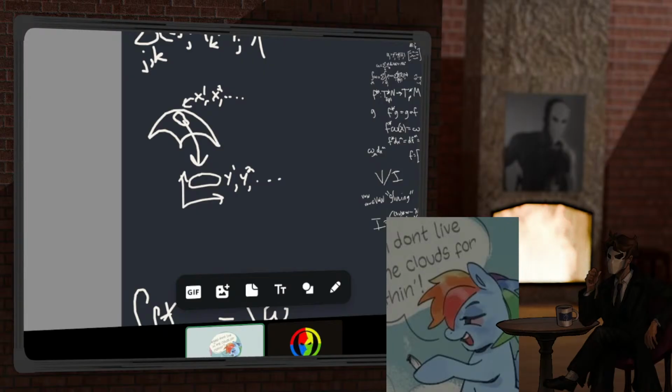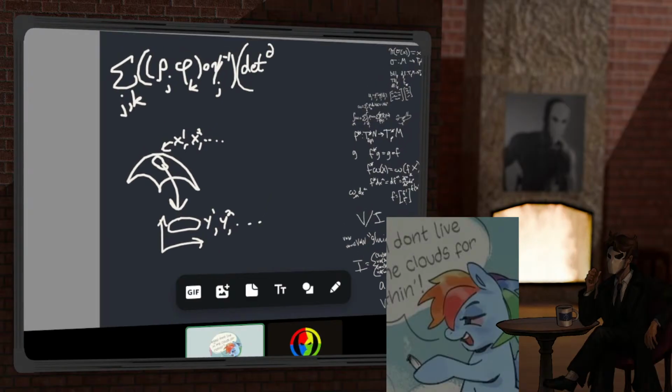And then you have essentially the determinant of the Jacobian, which you can write as x, blah, blah, blah.